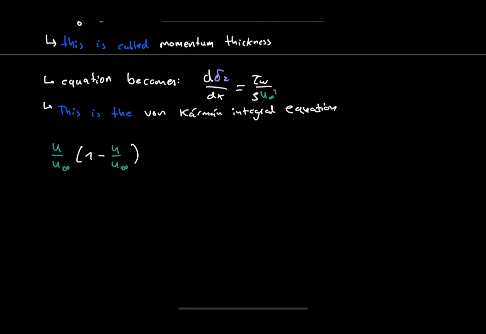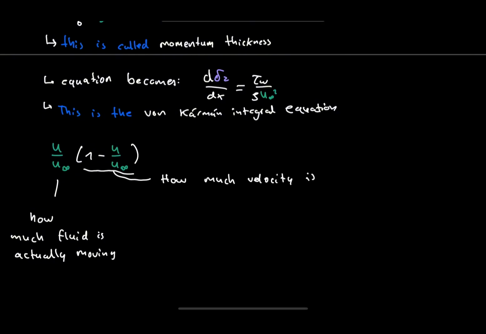Let's understand it physically. The term u over u infinity tells us how much fluid is actually moving. The term 1 minus u over u infinity tells us how much velocity is missing compared to the free stream. Multiplying both gives the local momentum deficit.